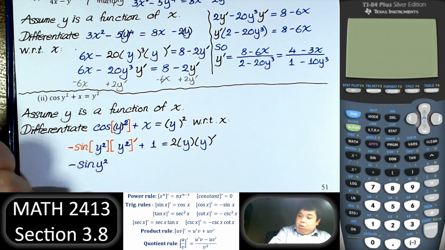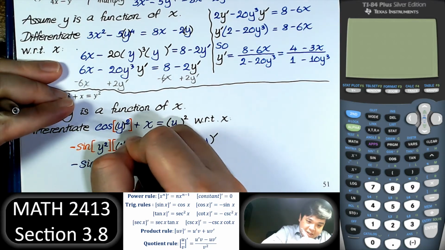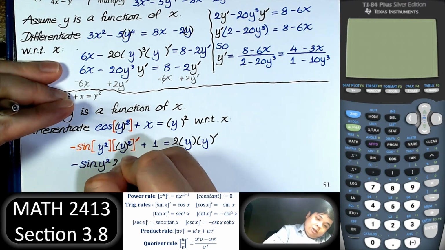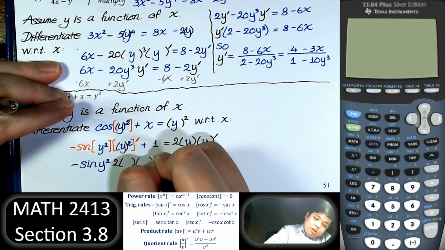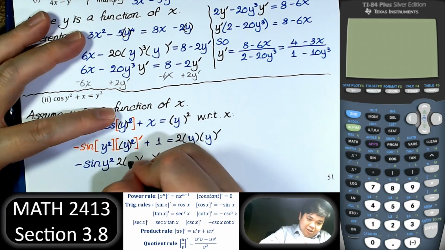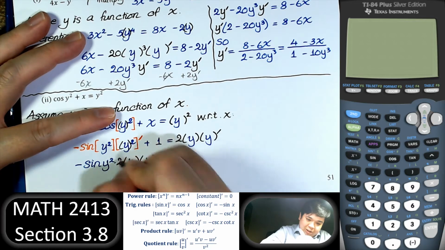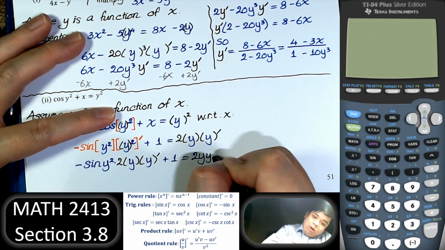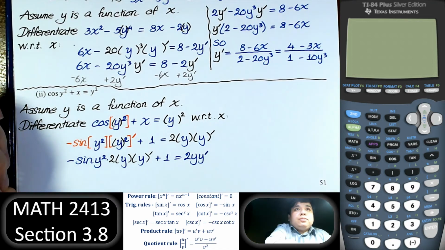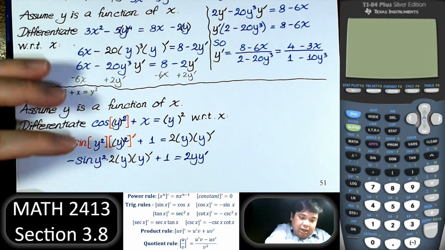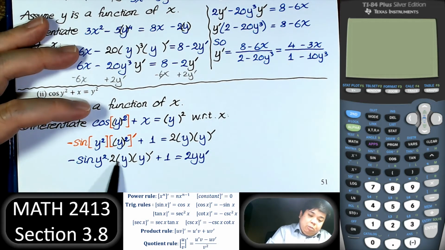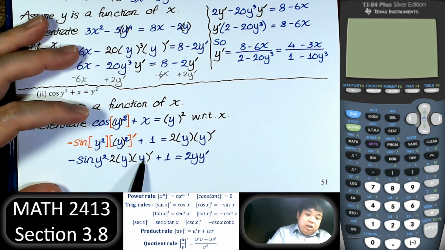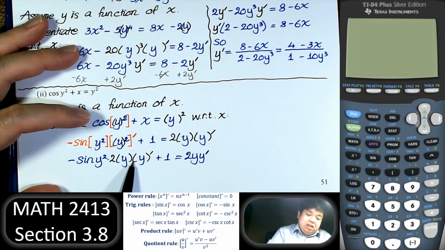But derivative of this we certainly can. So that gives us 2 parentheses prime plus 1 equal to 2y prime. Now the 2y here, if I write that in front, I don't need to write the parentheses here.